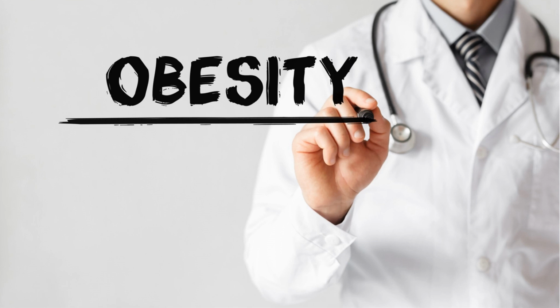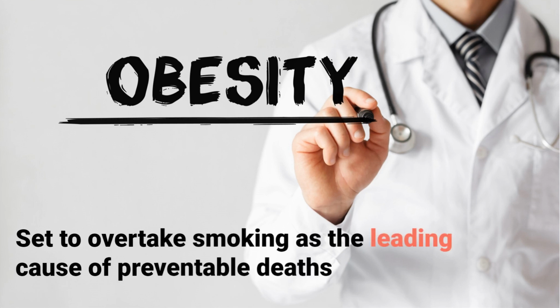An example of this can be seen in the following statistic. Obesity is set to overtake smoking as the leading cause of preventable deaths. In a study conducted by the CDC in 2004, smoking caused 435,000 deaths in 2000, whereas being overweight caused 400,000 deaths.